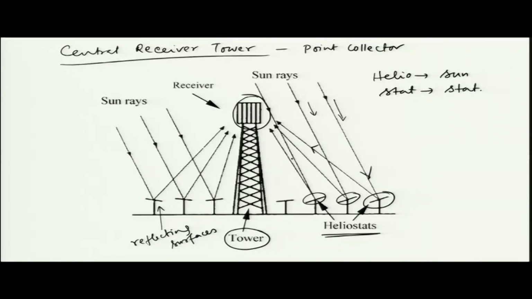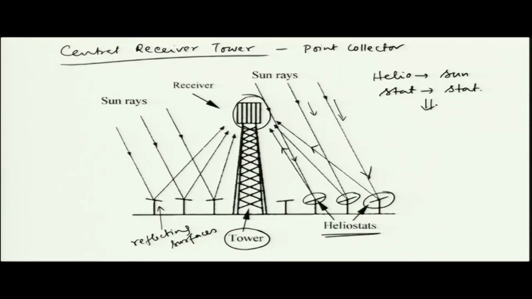Okay. They are reflecting the sun rays to a central point, and you have to put this central receiver at some height, then only all these reflectors will be able to work without interfering with each other, without shading or blocking each other, right. So, that is how a central receiver tower works.